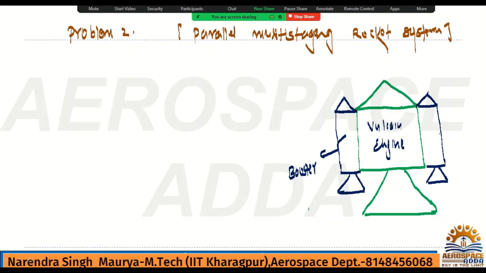This is the booster name, just like the main engine has the name Ariane 5 launch vehicle. This is also a booster. Done. So they are asking: the two different components of the launch vehicle have the following characteristics. The table they have given to us.